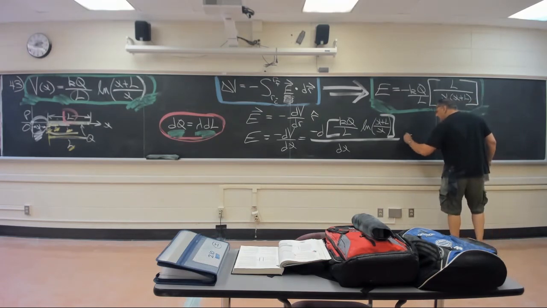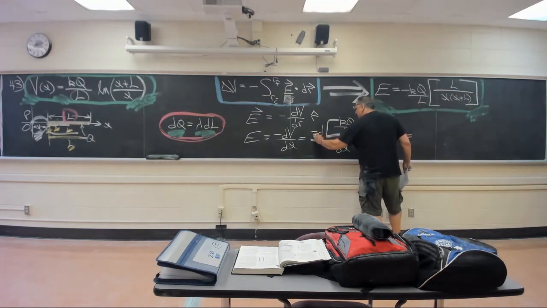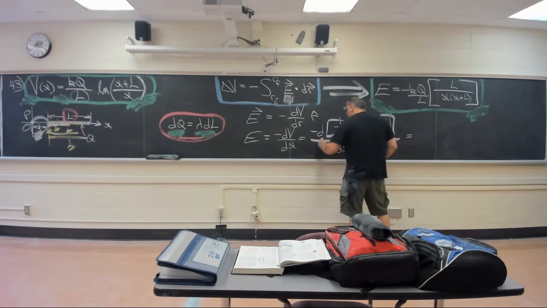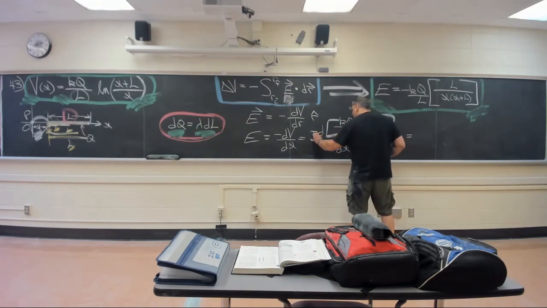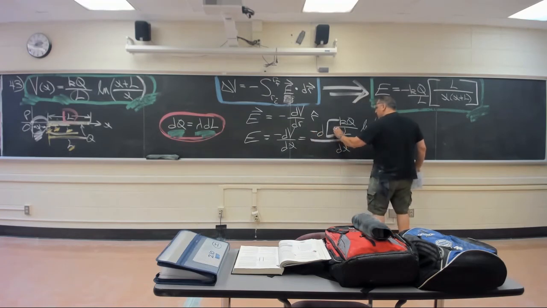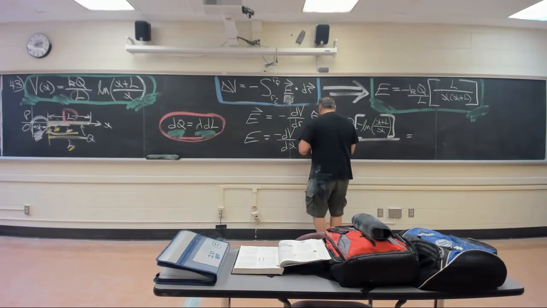I mean, there are so many ways to go, guys. I hate to do it to you. The negative right here, you can bring it to the inside. You can bring it right here and make it negative the quantity kq over L. Or you can move the negative all the way to here and make it negative all this, and there's no negative at that point.